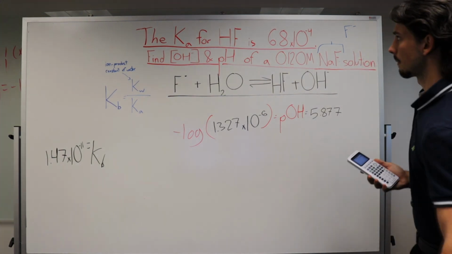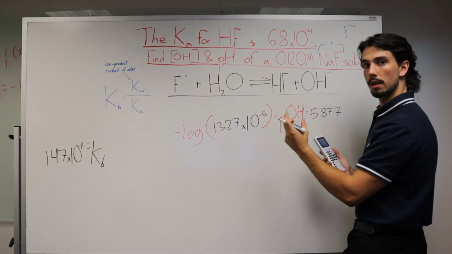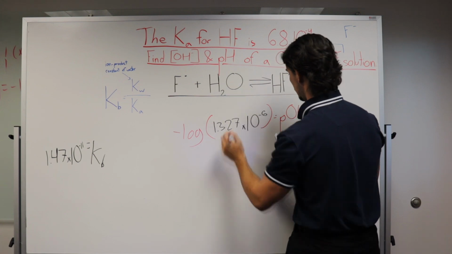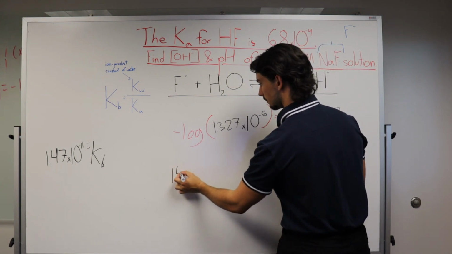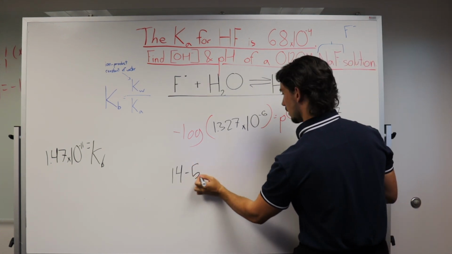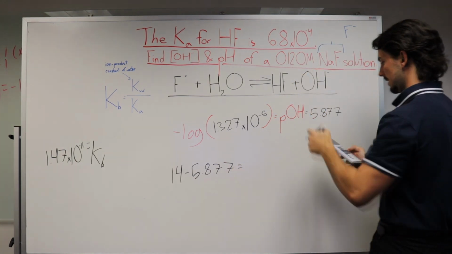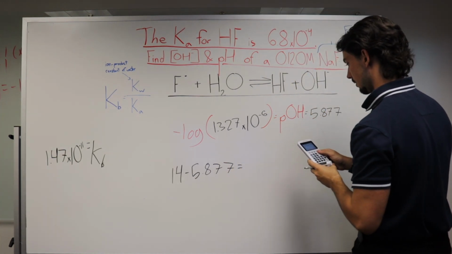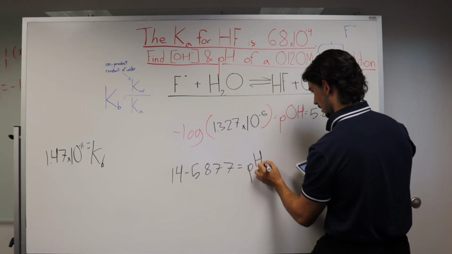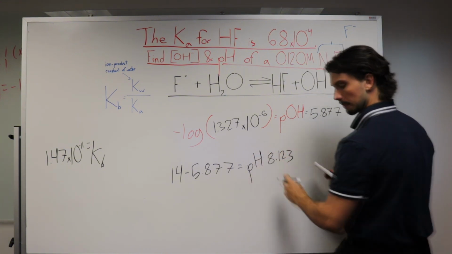Now, we still need to get the pH. So in order to get to the pH, remember that formula, that pH plus pOH is always going to equal 14. When we rewrite that, in order to find the pH, we can do 14 minus whatever that pOH is, in this case 5.877. That's going to give us our pH. So we'll do that, and that's going to give us a value for our pH of 8.123.